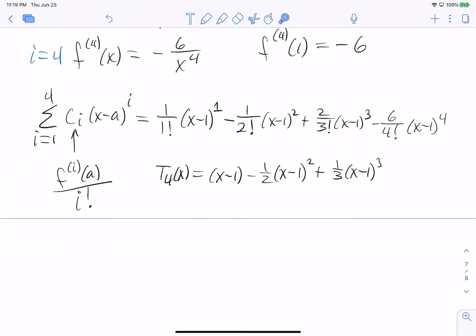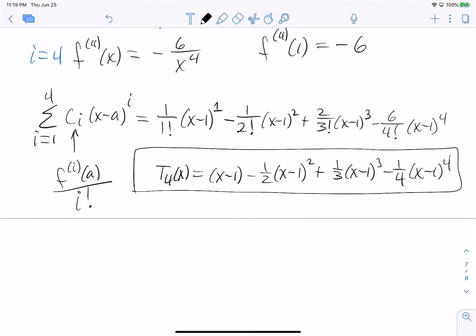And then the next term is going to have a coefficient negative 1/4, and we've got x minus 1 to the fourth power. That represents the first four terms of this power series expansion.